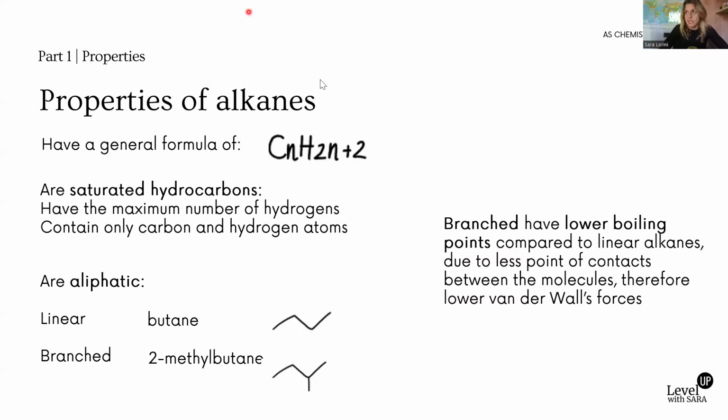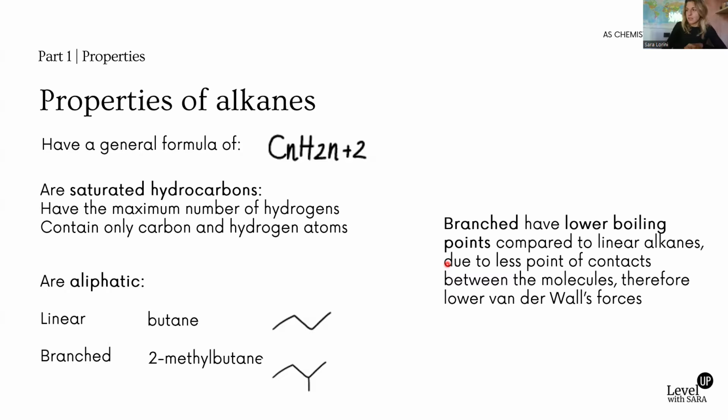Normally it's a couple of marks, easy to get if you understand the concept of forces. If you think about which type of force is present in this type of molecule, only London dispersion force of van der Waals, because there are no dipoles.